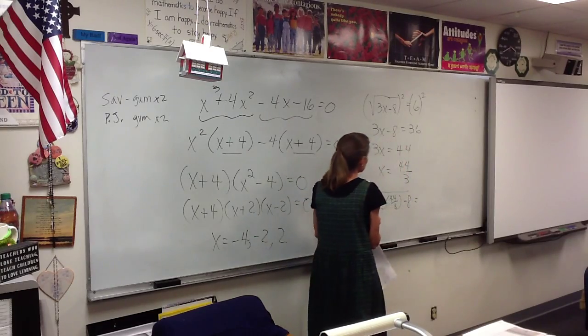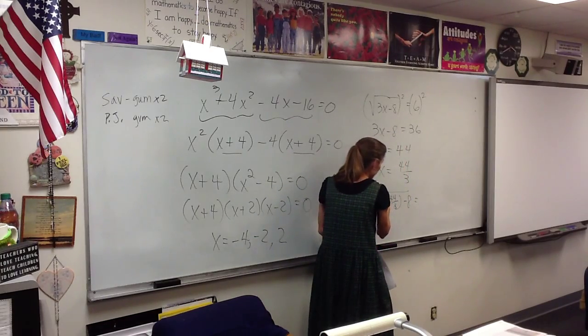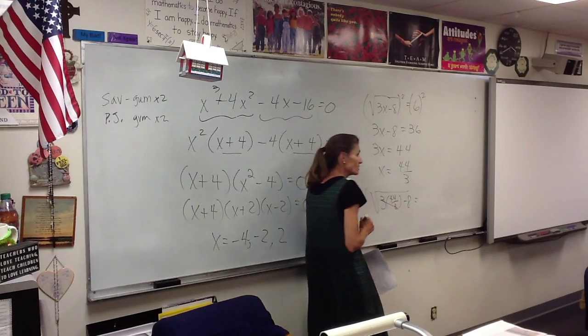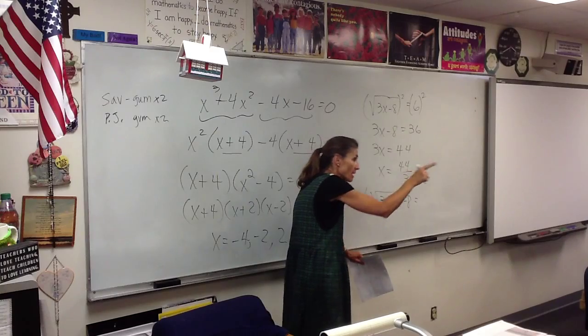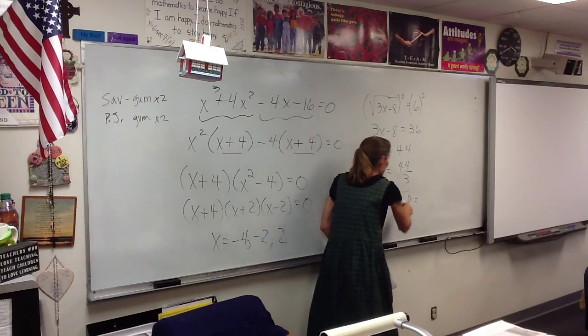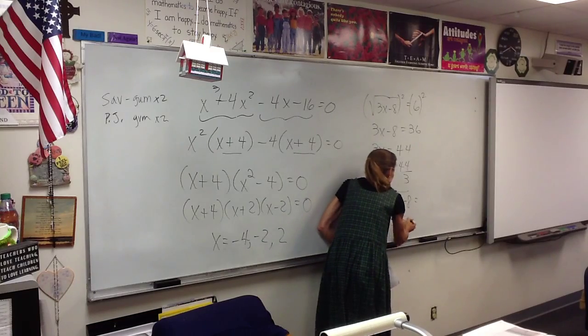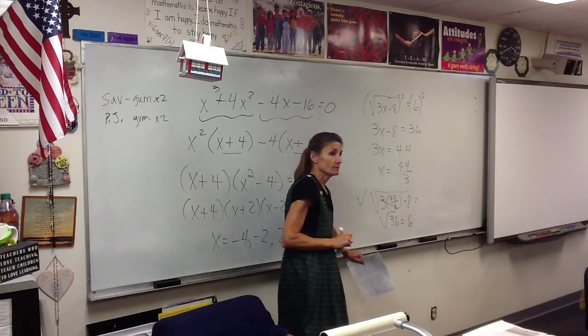What happens when I multiply 3 times 44 over 3? The 3's cancel. It becomes 44, and 44 minus 8 is 36, and the square root of 36 is 6. Checked.